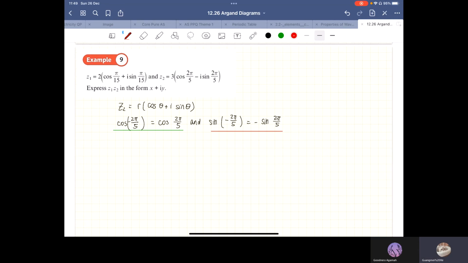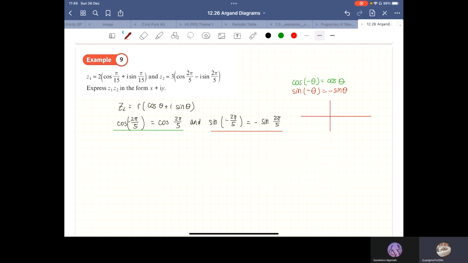So there is this formula you're supposed to remember: cos of negative theta is equal to cos of theta, and sine of negative theta is equal to negative sine theta. Would you like a quick proof of this?